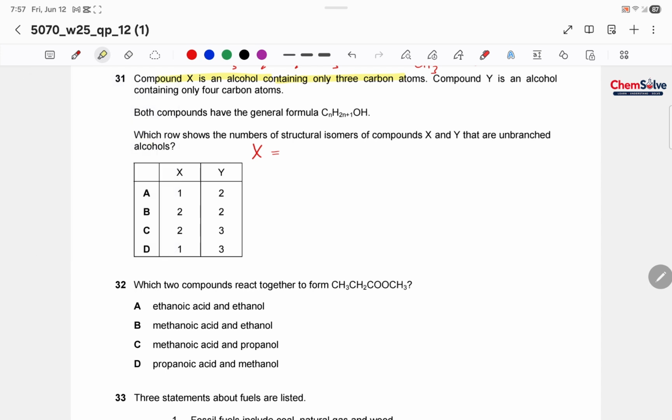Further in the question, examiner is telling us about the general formula of the alcohol as well. So keeping this formula in our mind, and as X has 3 carbons, so the general formula of X would be C3H7OH.